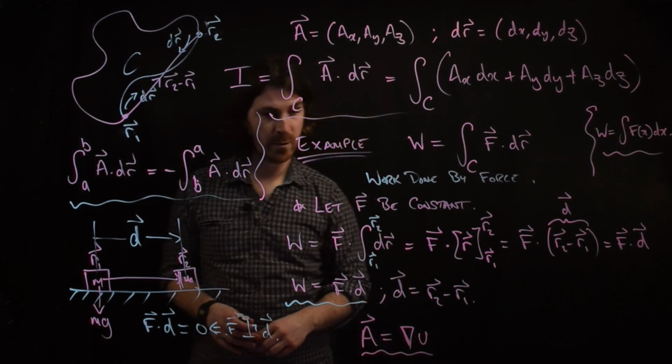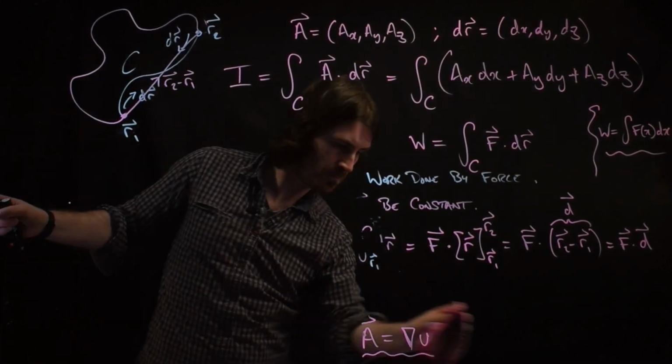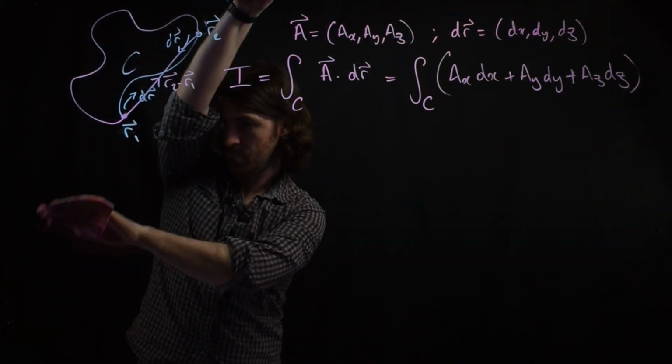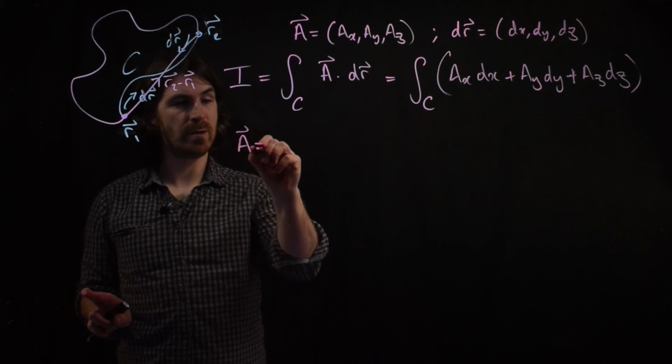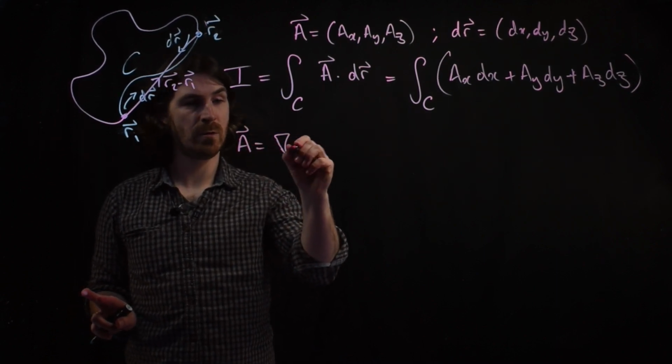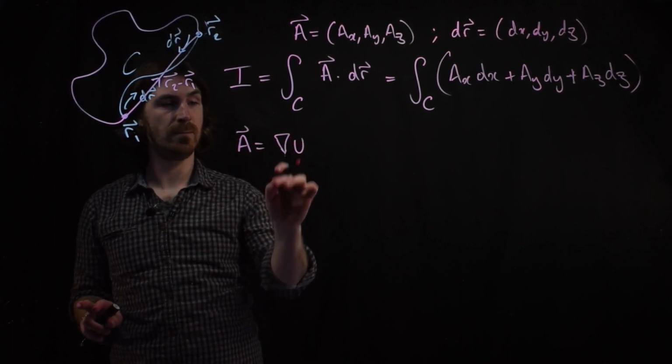Okay, so let me clean up the board and we can show this. Let's assume that A can be written as the gradient of some scalar potential, u.